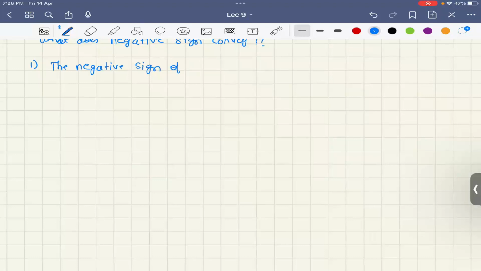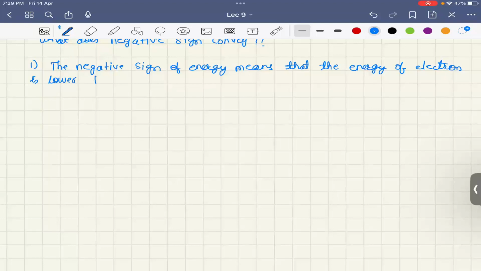The negative sign of energy means that the energy of the electron in the atom is lower than the energy of a free electron at rest.